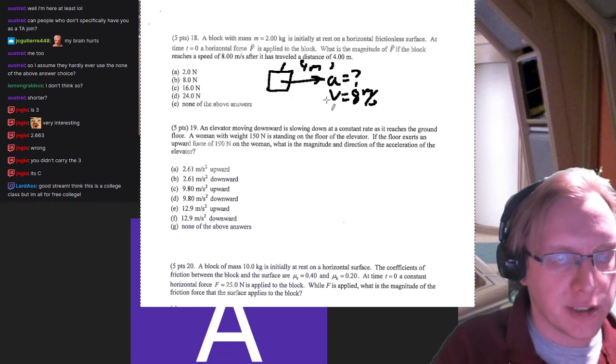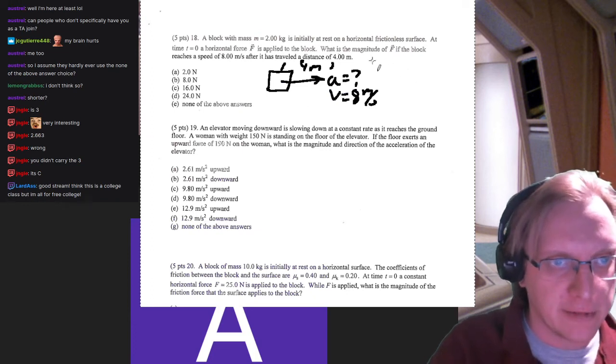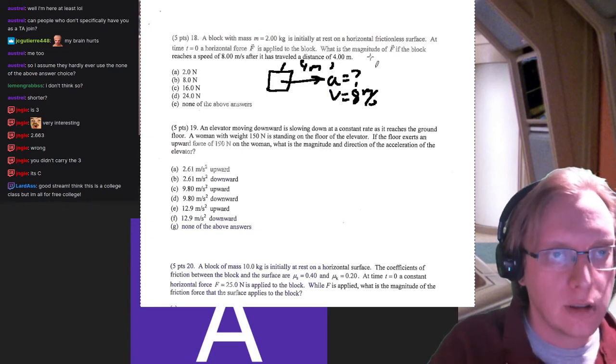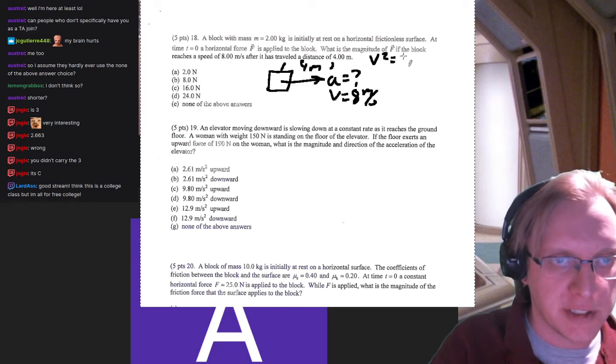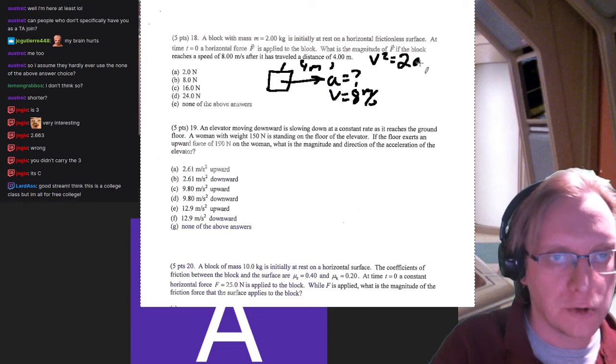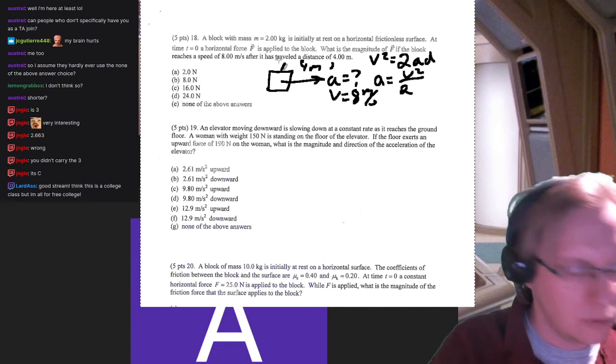So I need an acceleration. I'm going to grab my favorite energy equation. V squared is equal to V naught squared, which is 0, plus 2AD. A is what I need, therefore A is equal to V squared over 2D.